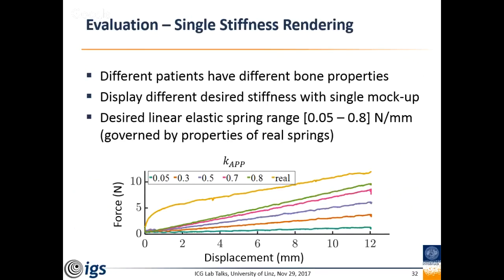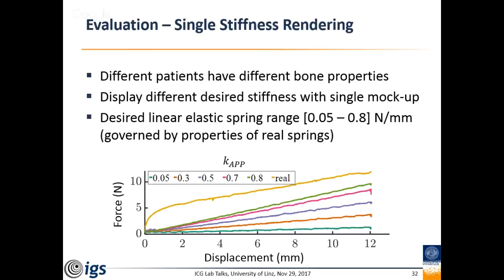So here are some results. The first plot shows how we can use this actuation to give the user the feeling of interacting with material of different apparent stiffness. We use augmentation, which gives the person the feeling that he interacts with material that has these different stiffnesses. This is measured with a force sensor, displacement versus the forces.